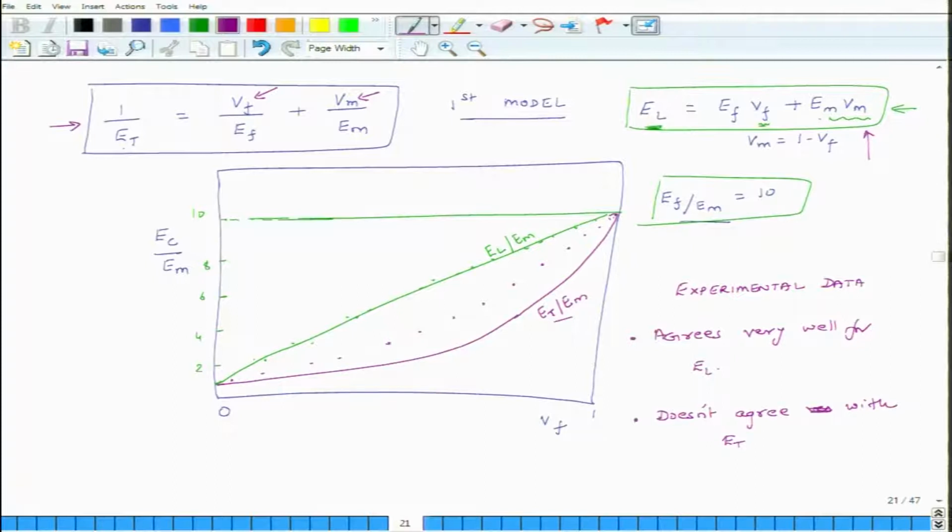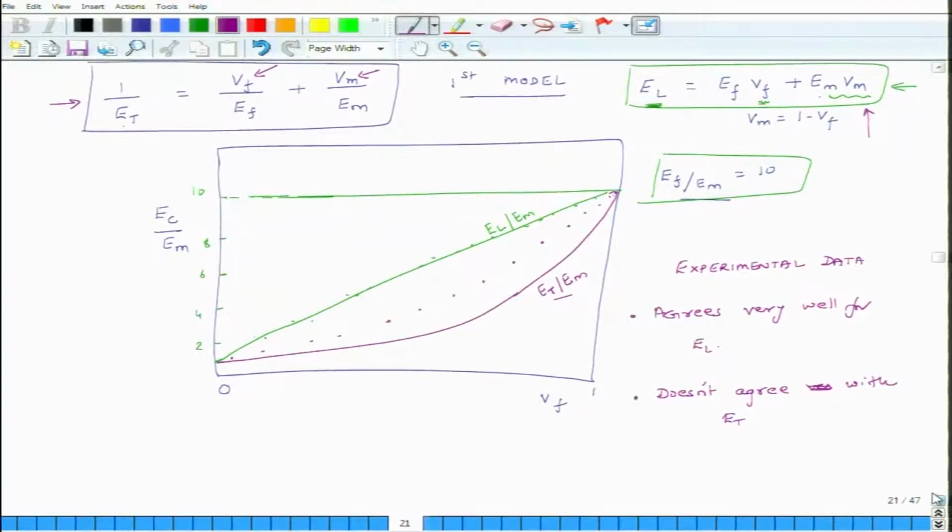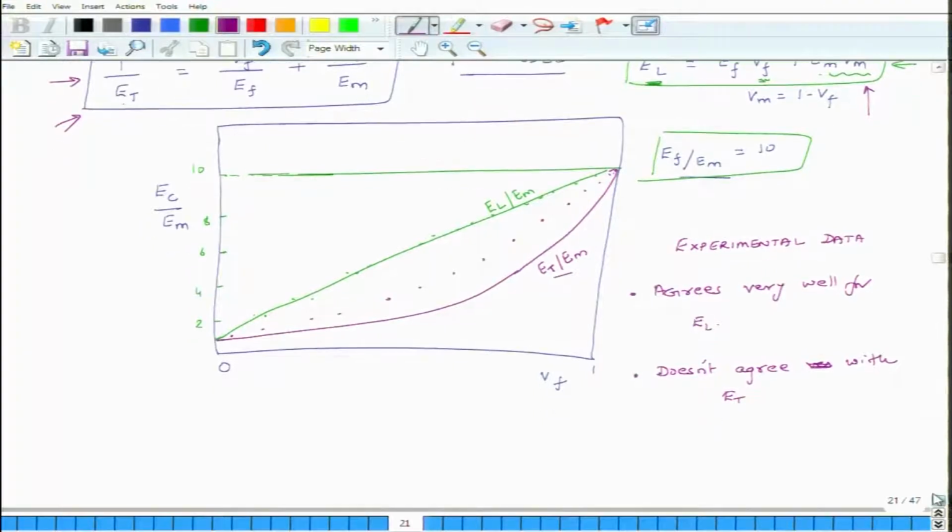This is important to understand, which means our model for E_t is not a good model to predict this value. So our model for E_t is not good enough, and we do not want to use this expression for computing E_t.